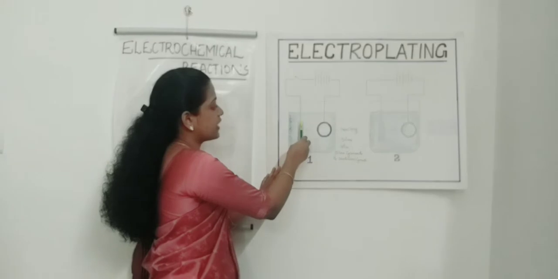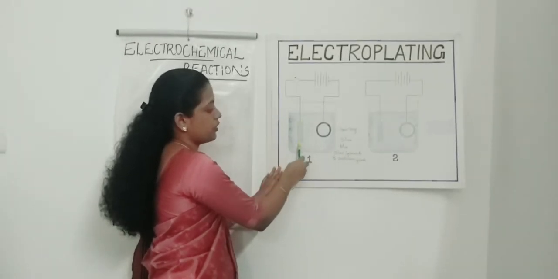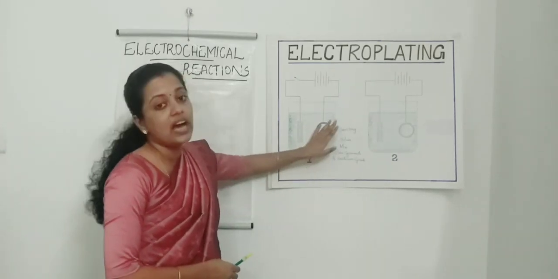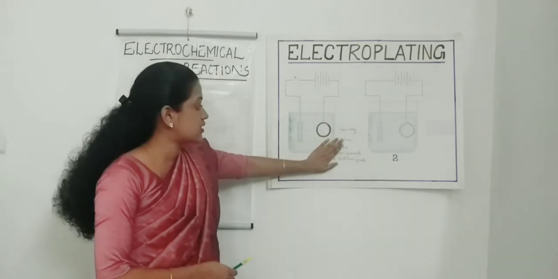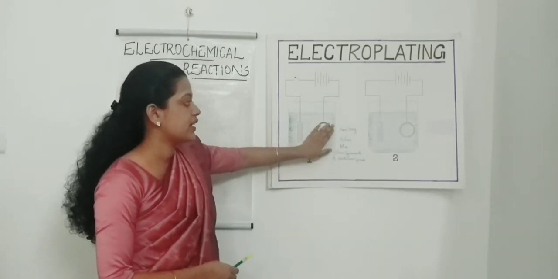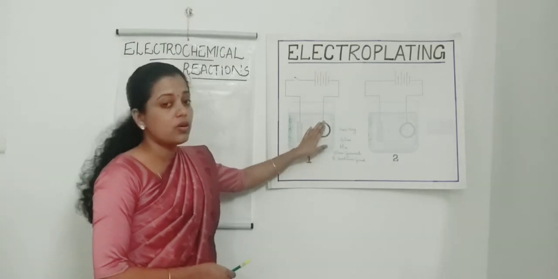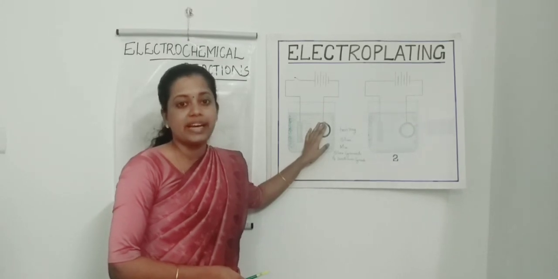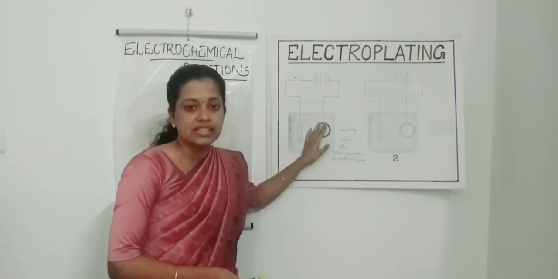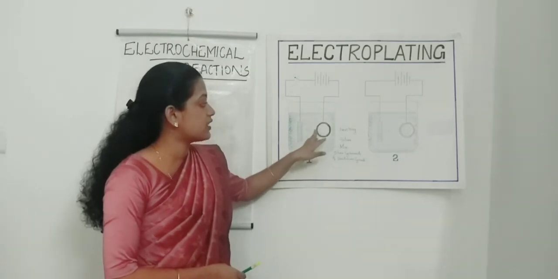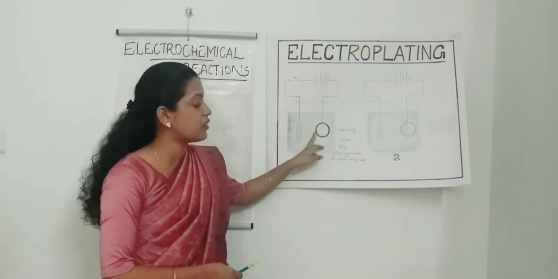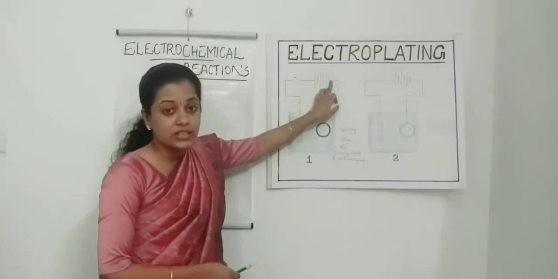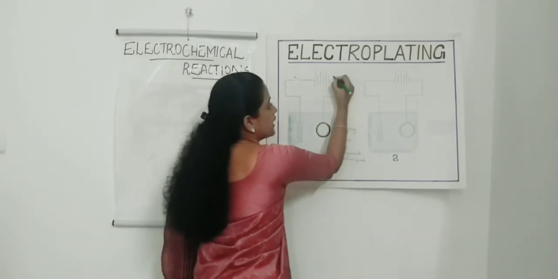Here is a silver rod, and here I have taken an iron bangle, and I want the silver to be coated over the iron ring. In the case of electrolysis, you have seen that the copper gets deposited on the negative rod, isn't it? Yes. So here I want the silver to be deposited on the iron ring, so I have connected it to the negative terminal.